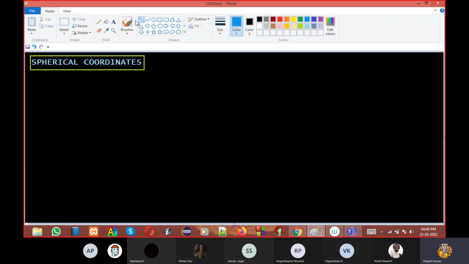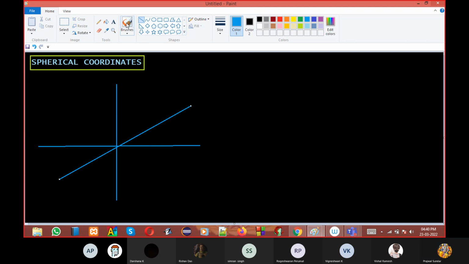Okay, look at this very carefully. First of all, I'll draw a diagram and show. This is X, this is Y. This triangle that I've drawn here is in the XY plane.